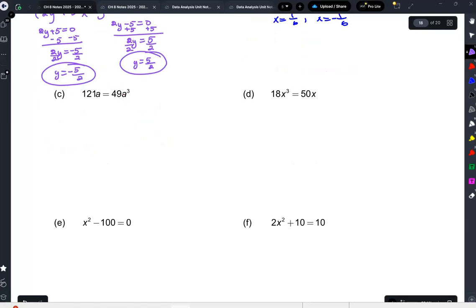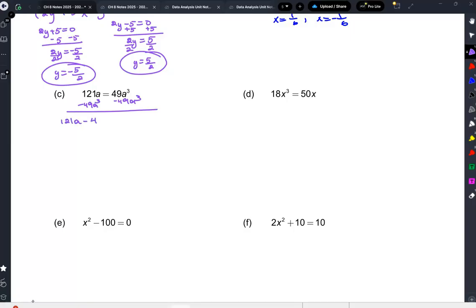So this one, we're going to bring the 49a cubed over to this side. Zero. Okay? Now, perfect square.